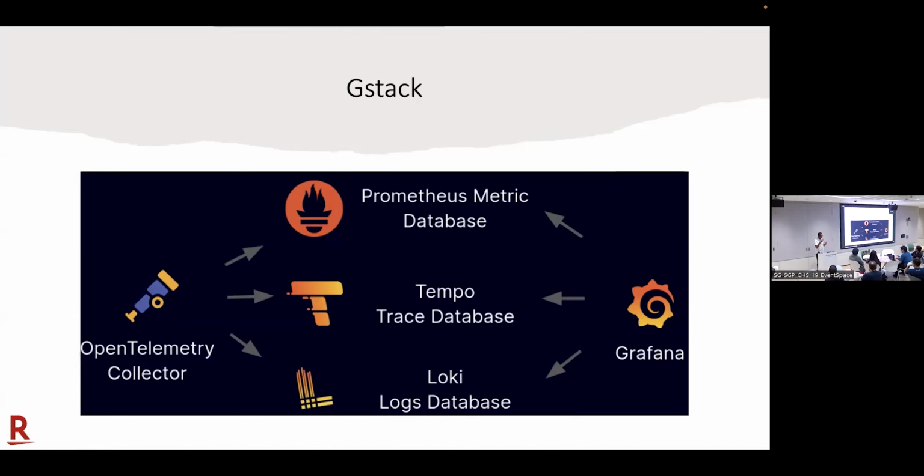Instead of using different agents, there is one tool called the OpenTelemetry collector, which acts as an agent. Regardless of any tool you use, every observability platform, even Datadog or New Relic, is trying to adopt the OpenTelemetry collector as the standard, or is changing its platform to be compatible with it.